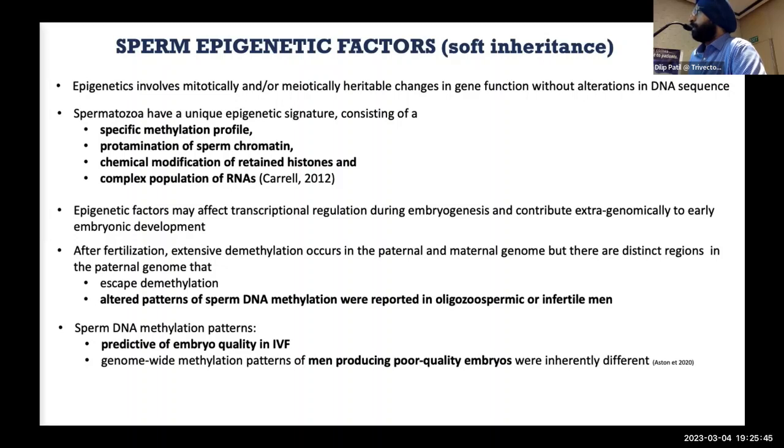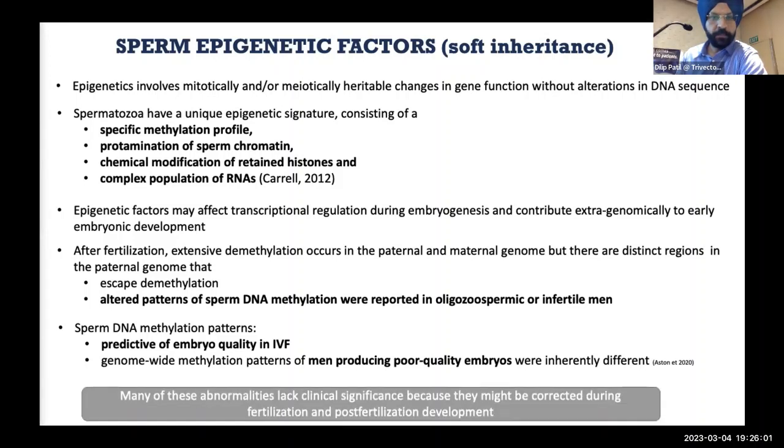Sperm DNA methylation patterns are predictive of embryo quality in IVF, and genome-wide methylation patterns of men producing poor quality embryos were inherently different. So a different kind of methylation profile has been found in infertile men. Many of these abnormalities lack any clinical significance because they are assumed to be repaired during fertilization and post-fertilization development.